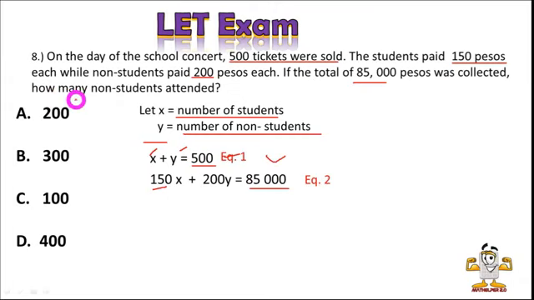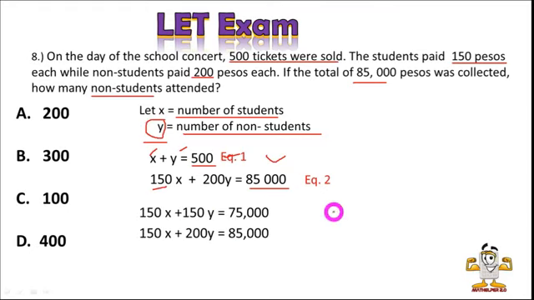Ang tanong is, ilan po yung non-students? So ang hinahanap natin yung y. So para makuha po natin yung y is solve y in terms of x. So gawin lang natin is yung equation 1, mag-multiply po tayo ng 150.